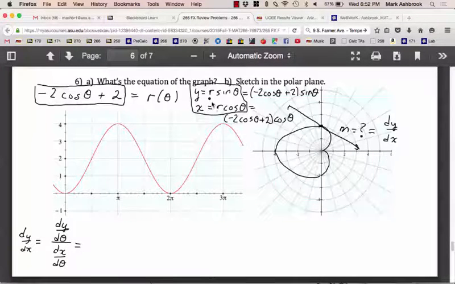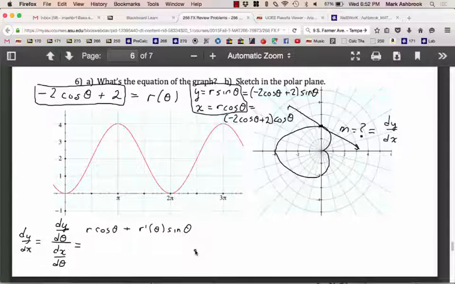How do we take the derivative of r of theta times sine of theta? Product rule, right? First times the derivative of the second plus derivative of the first times the second. That is dy/d theta.